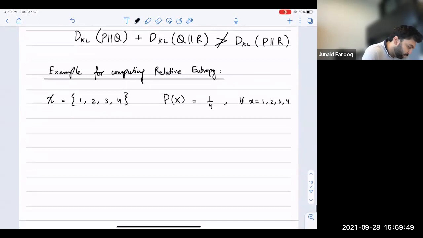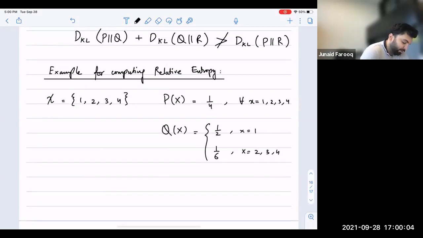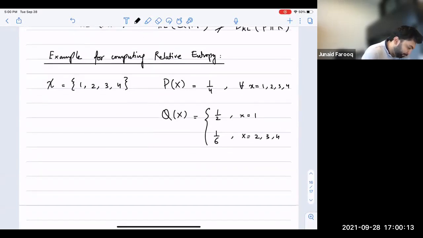That's P of X. And we have another distribution, Q of X, which says it is 1/2 if X is 1, and it's 1/6 if X is 2, 3, and 4. Right. So in other words, there are two different distributions. The variable is X, and one is P of X.